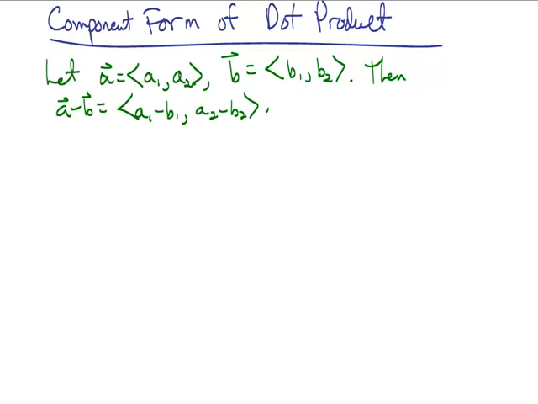Now let's go ahead and set up a picture here, a situation of what we got going on. Let's just suppose A looks like this and B looks like this, and so we have some angle here, theta, between the two. And I hope you remember we can represent A minus B by taking a vector that starts at the tip of B and ends at the tip of A. So it looks just like this.